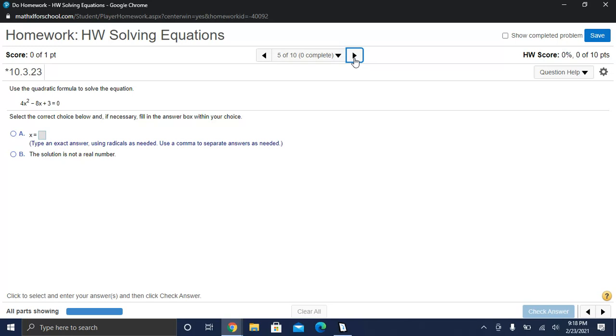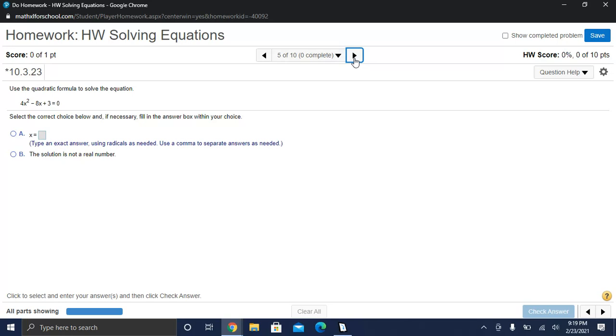Problem number 5 does say to use the quadratic formula to solve the problem, and you had another problem similar to this where you could have used the quadratic formula, but we decided not to. On this one, we actually have no choice but to use the quadratic formula because if I were to multiply the A and the C, there would be nothing that could multiply.